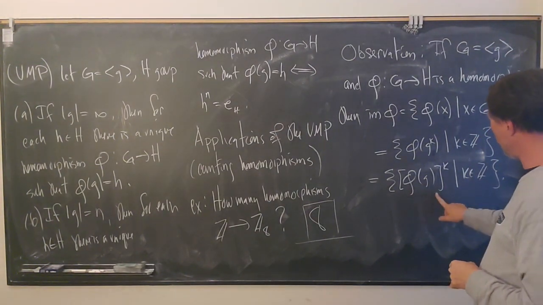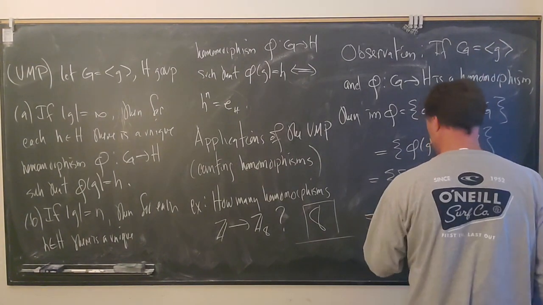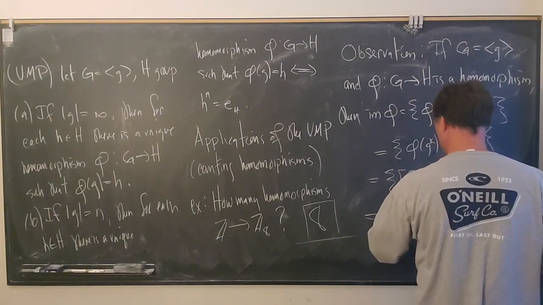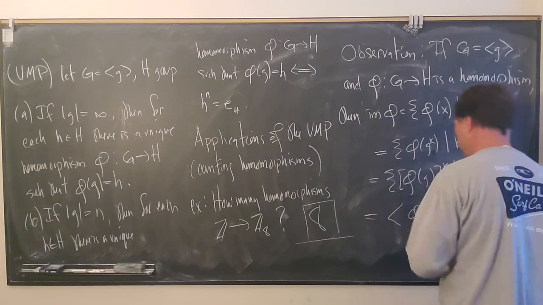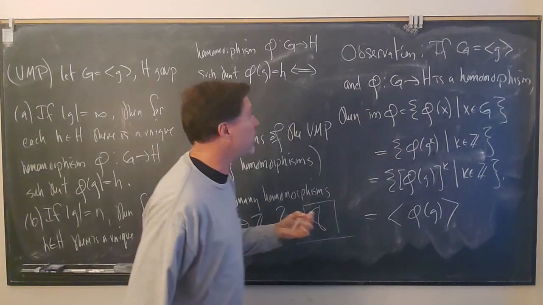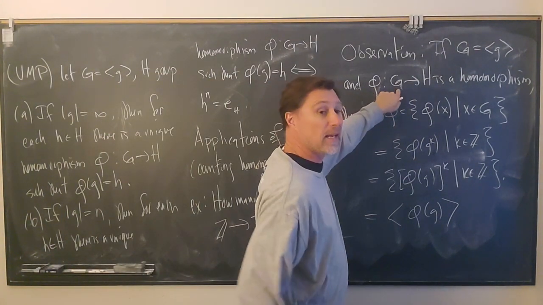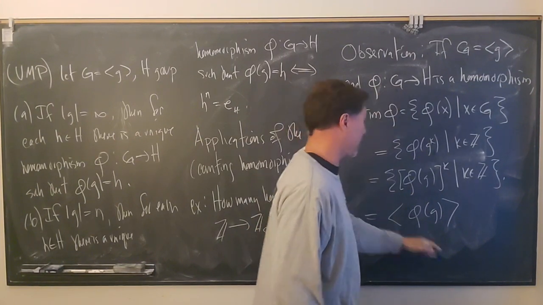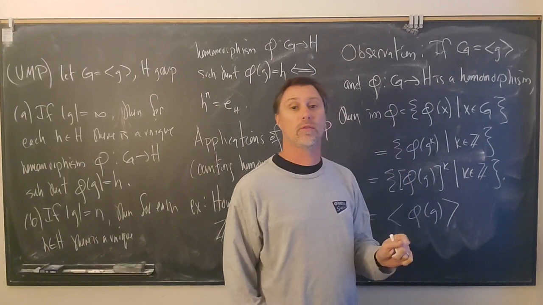The set of all powers of phi of g. Well, that is exactly the cyclic subgroup generated by phi of g. So the image of a homomorphism whose domain is a cyclic group is a cyclic subgroup, the cyclic subgroup generated by the image of the generator.